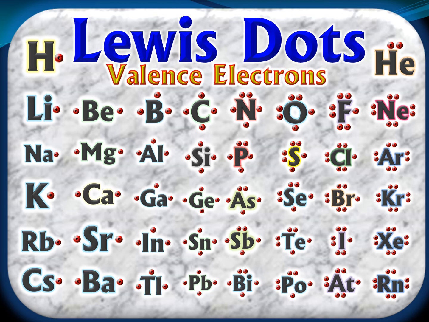And here's the great thing, Lewis dots do not really apply to the D block, and they definitely do not apply to the F block, so we can just sort of cut those out of the periodic table and squish it together like I've done here. So it saves a lot of work because there's a lot of elements that are in the F and the D block in the middle of the periodic table, but we don't worry about those with Lewis dots.